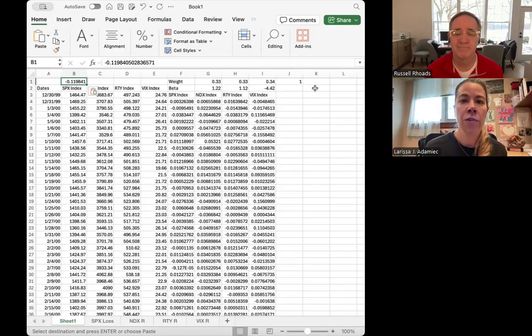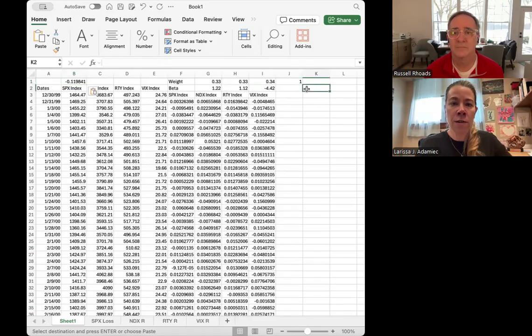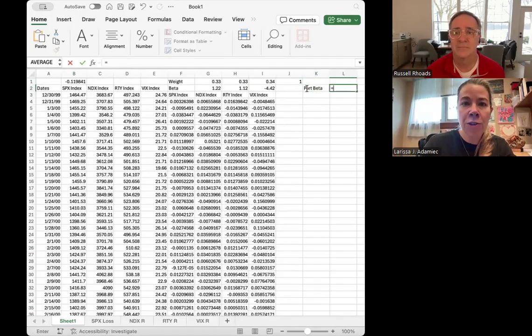We could do this in 2 steps or 1 step. I think I'm going to do it in 2 steps because it'll make it a smaller function within Excel. So this is portfolio beta, which is a weighted average of our betas.